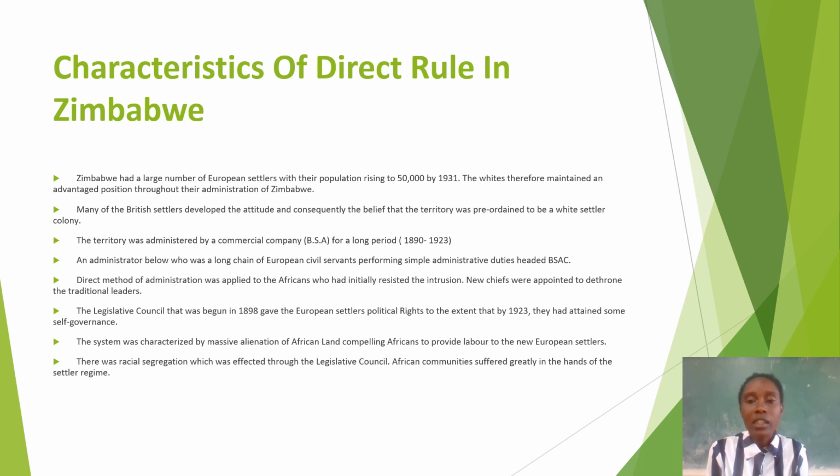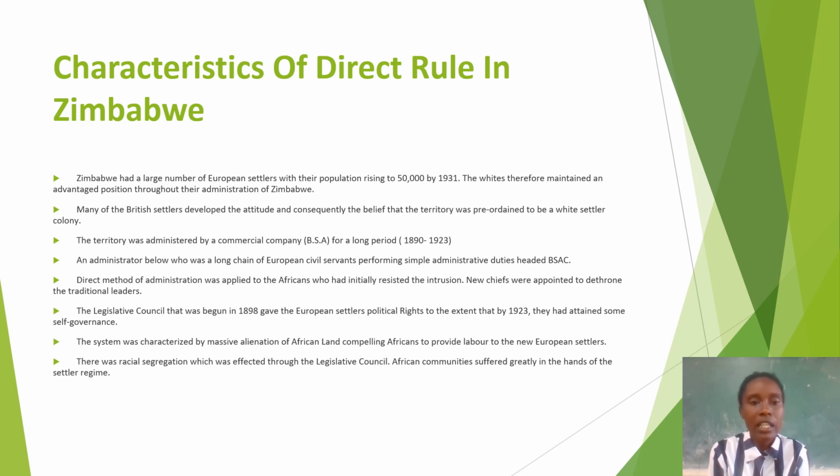The whites therefore maintained an advantaged position throughout the administration of Zimbabwe. The second characteristic: many of the British settlers developed the attitude and constantly believed the territory was preordained to be a white settler colony.